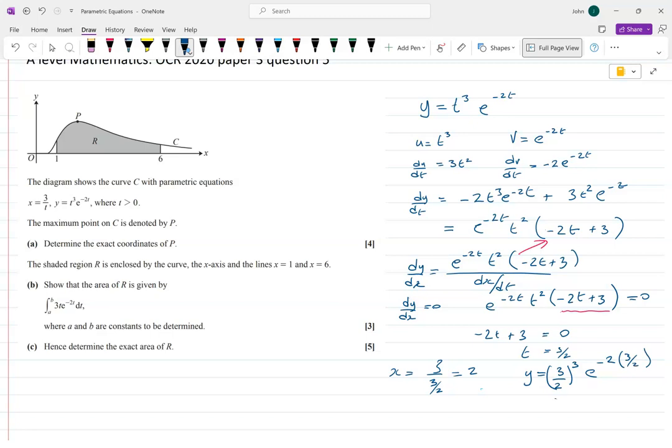That there becomes 27 over 8. And here we can see some cancelling goes on, and we have e to the minus 3.